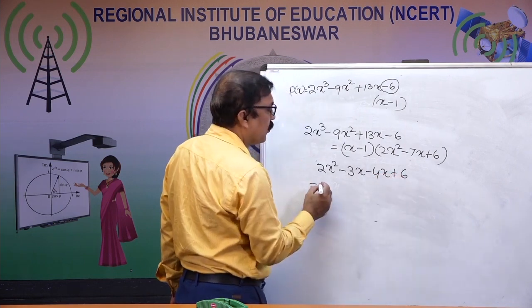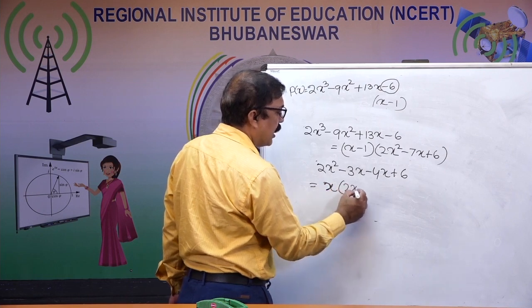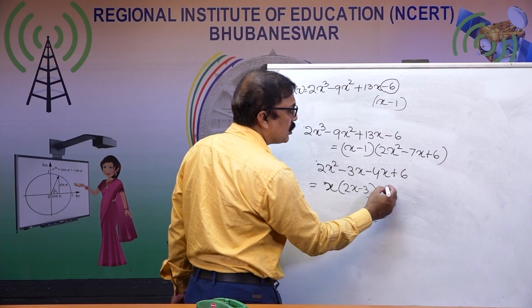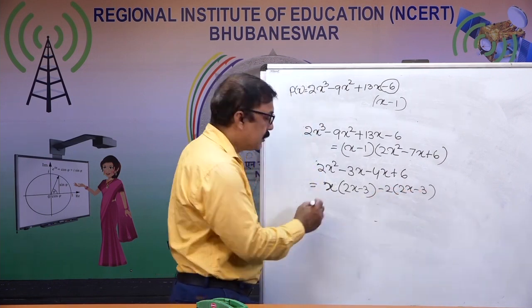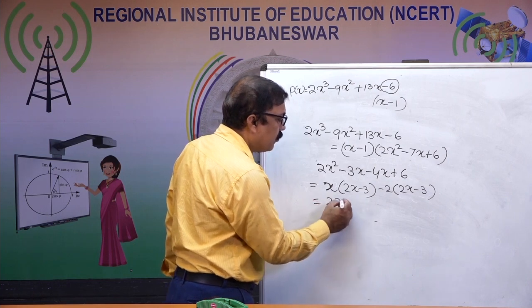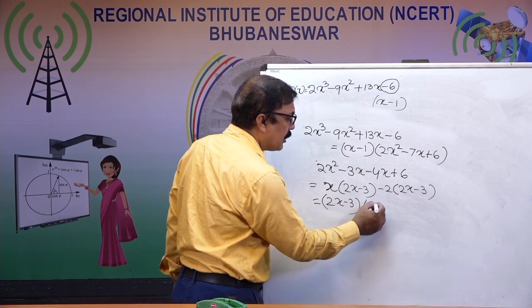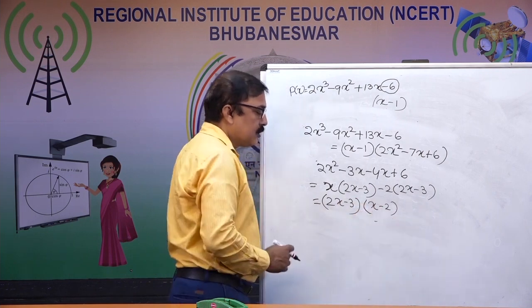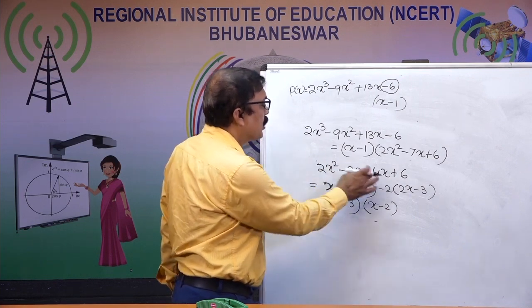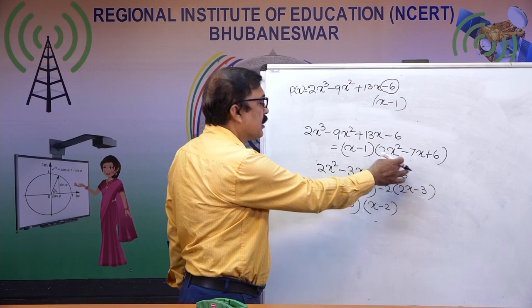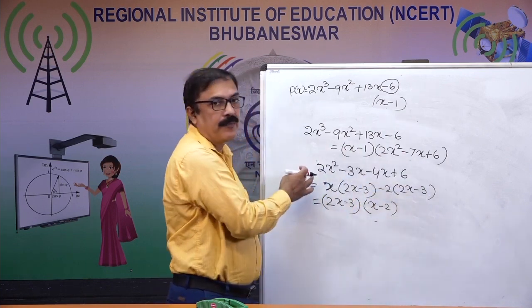From this we get x common to get 2x − 3, and minus 2 common to get 2x − 3. From this we have 2x − 3 taken common, now we get x − 2. So 2x² − 3x − 4x + 6, this is the splitting up of the middle term process.